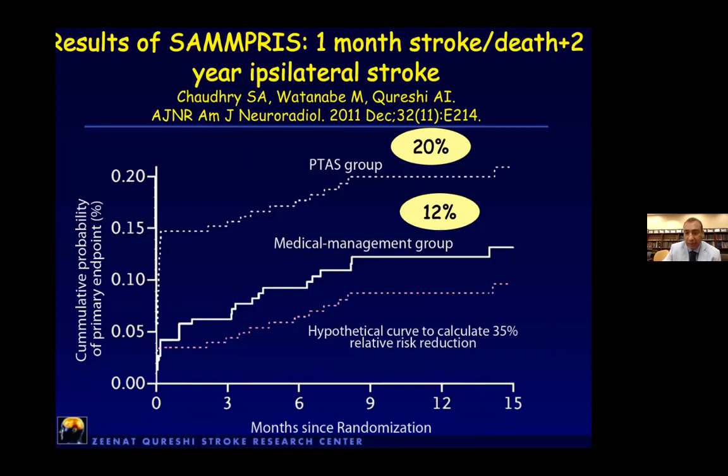So there is a significantly higher risk of adverse events with stent placement as compared to medical management, primarily driven by a much higher rate of adverse events in the first month in the stent group. So the stent group had to perform better than the medical management group: the peri-procedural adverse event rate has to be low enough that at 1 year, you're actually doing better than best medical management.